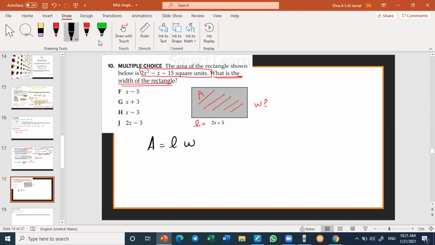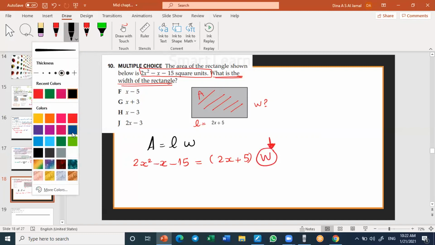So just let's substitute. So your area is 2x squared minus x minus 15. So your L is 2x plus 5. Now you are missing your W. That means you need to find another factor that if you multiply it with the length, it will be giving you the area.